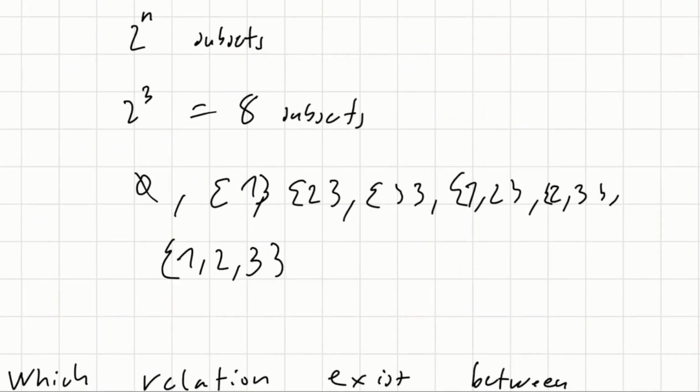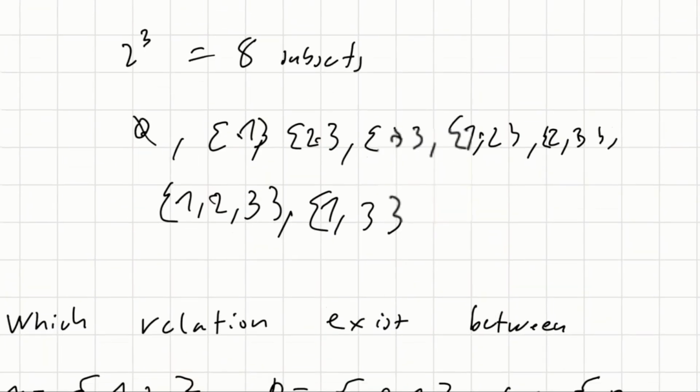Let's see if I missed something. 1, 2, 3, 4, 5, 6, 7. I missed one thing, and I know which one it is. This is {1, 3}, I'm sorry. Now we have 8. This is the reason why I do this, because you miss things very easily. So those are all our subsets: 8 subsets.